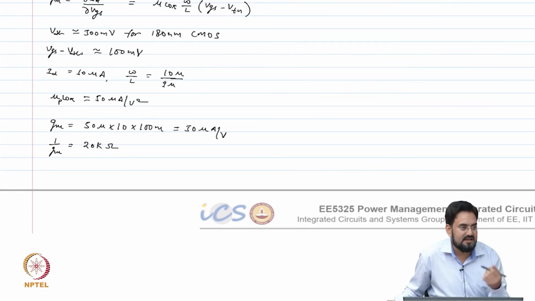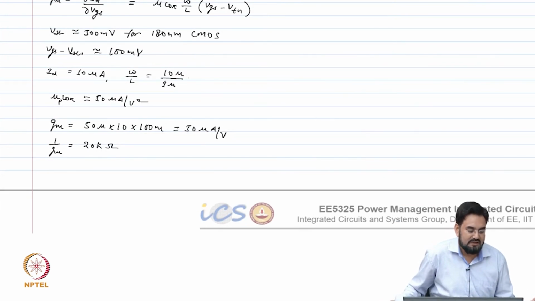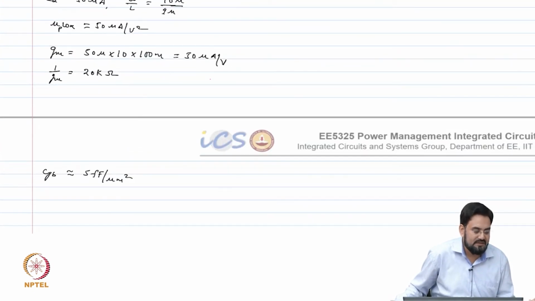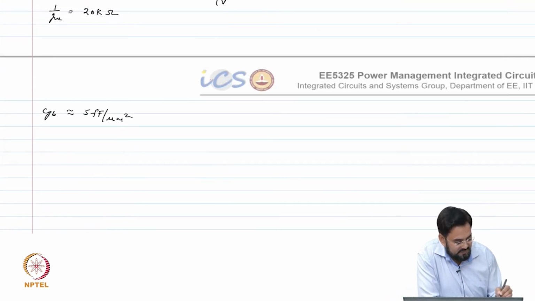So, your area is 10, 10 is the width and 1 is the length. So, your total cap will be, this is C gate to bulk. If you simulate, it will show you as a CGG, which will show you in fact the overall cap. So, this is per micron square.